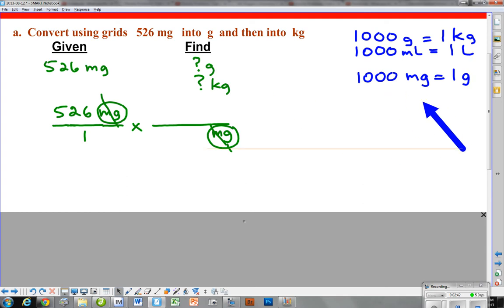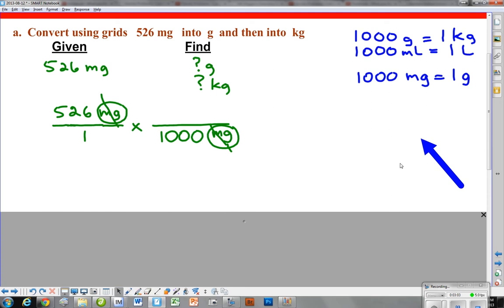So I look over here, there's my milligrams, and the number next to it is 1,000. So what I'm going to do is take my 1,000 and put that next to milligrams, because the numbers always go with the unit of measure that they are written next to.